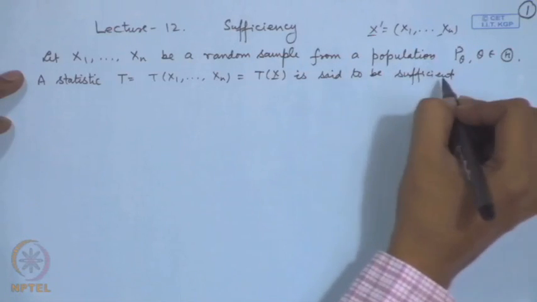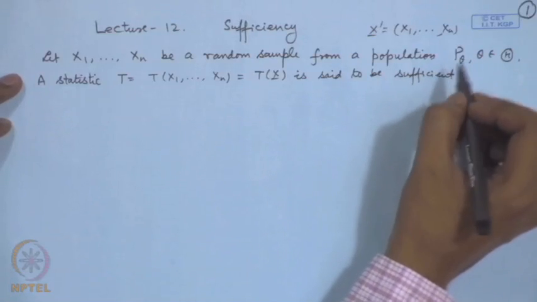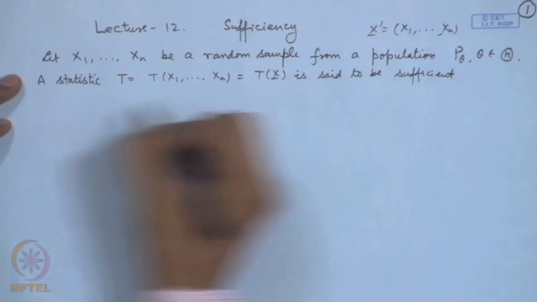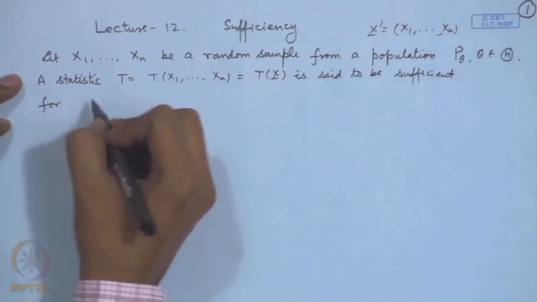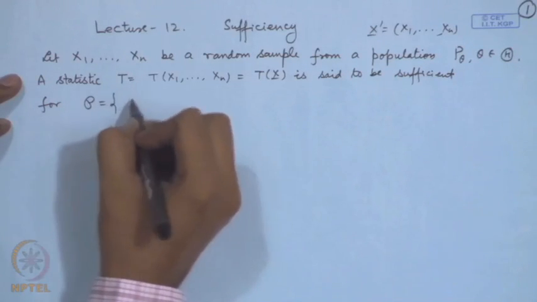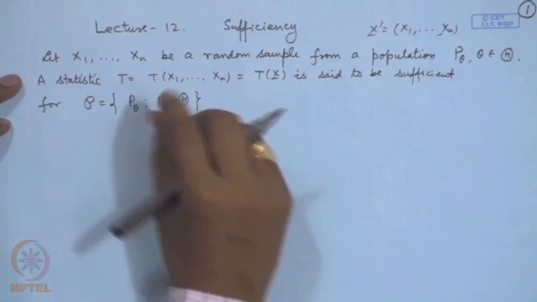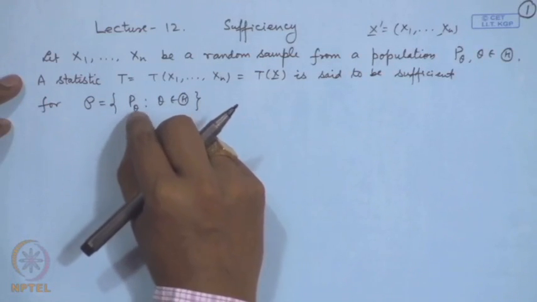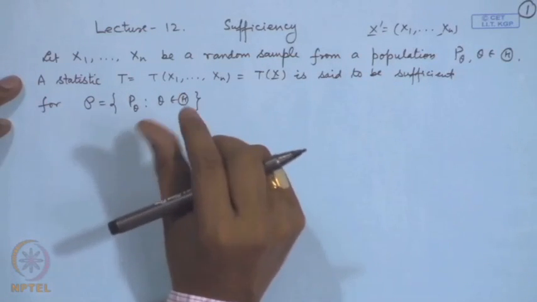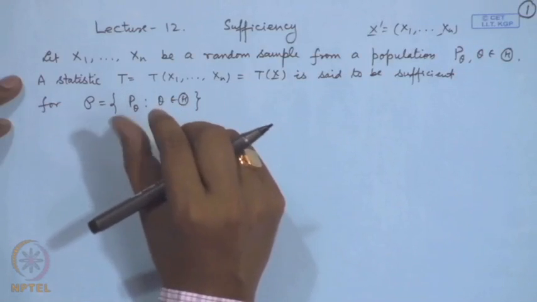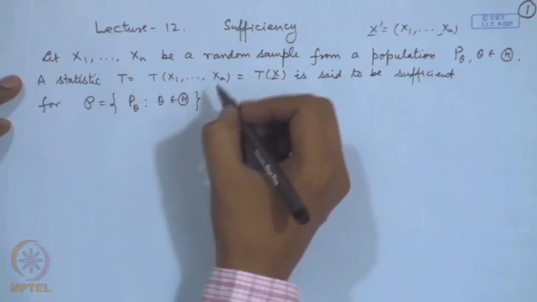Now, what do you mean by sufficient for what? So, we usually mention the word sufficient for the family of probability distributions. In loose terms, we also say sufficient for the parameter theta, meaning thereby that whatever be the parameter under consideration.